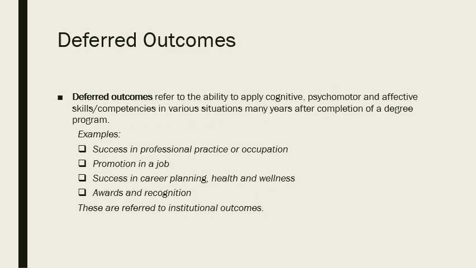The next one here is the deferred outcomes. When you say deferred, it's somehow later, or later on. It refers to the ability to apply cognitive, psychomotor, and affective skills or competencies in various situations many years after completion of a degree program, or it's somehow a lifelong learning.